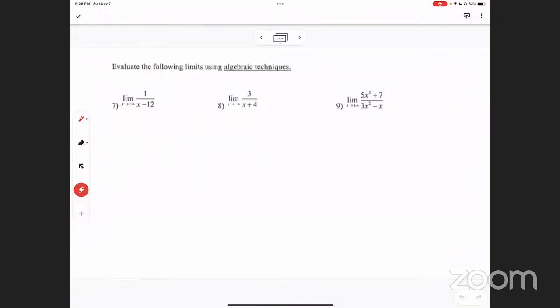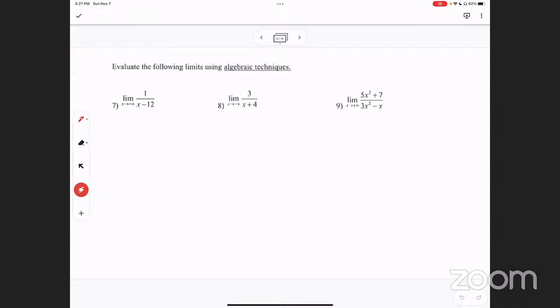All right, they said evaluate these limits using algebraic techniques. Can you tell me what they mean by that? I'm not really sure.